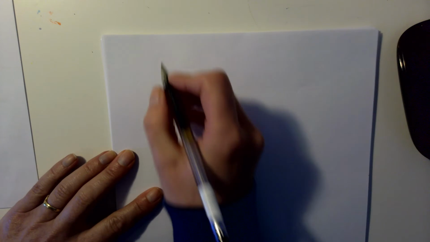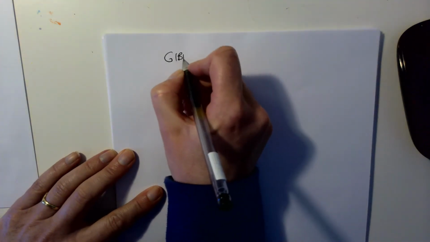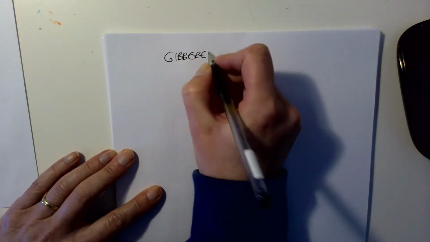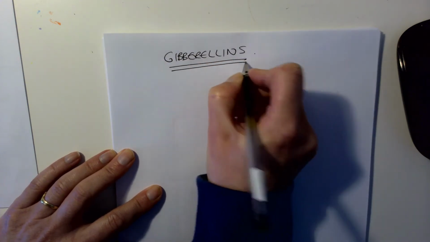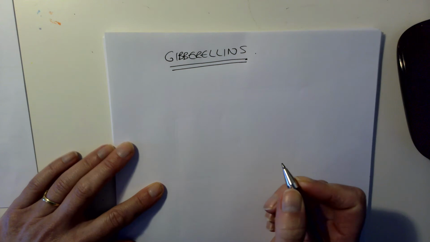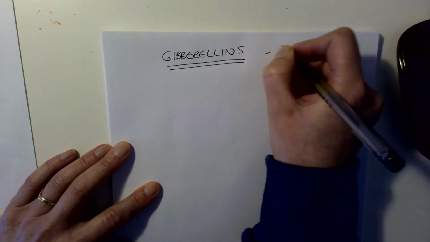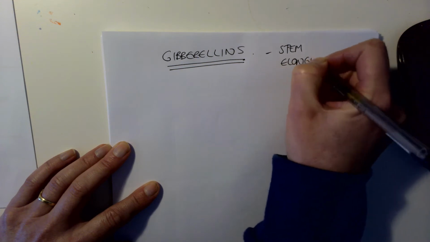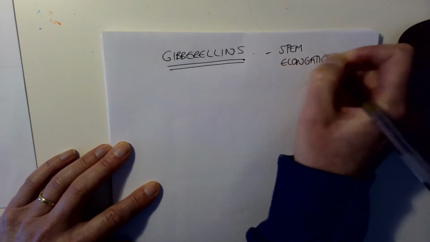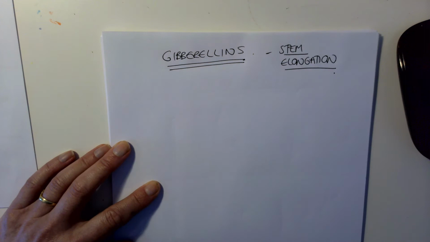Okay, so the next one we'll look at is the plant hormones called gibberellins. The idea about gibberellins is that they cause stem elongation, so super long stems.